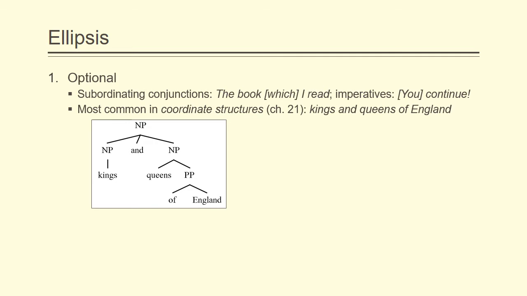So if you consider the phrase structure tree that I've drawn here, kings and queens of England, with the prepositional phrase of England just modifying queens, you can see that this is not really going to work. And the reason for that is because the prepositional phrase of England modifies both kings and queens.